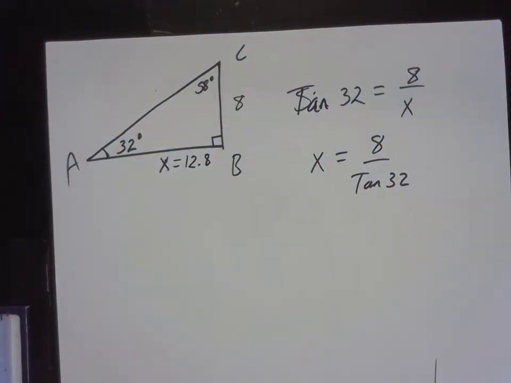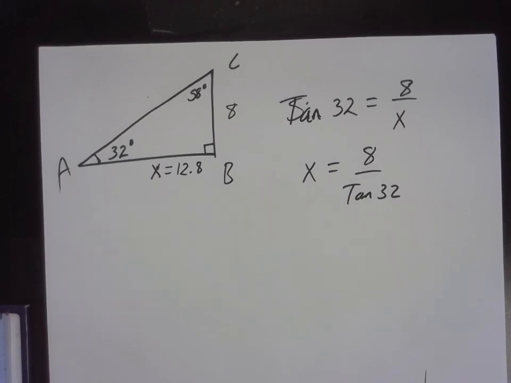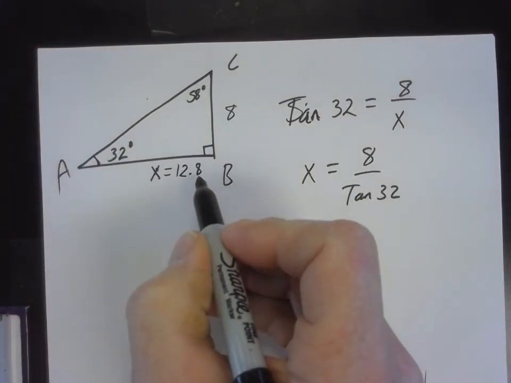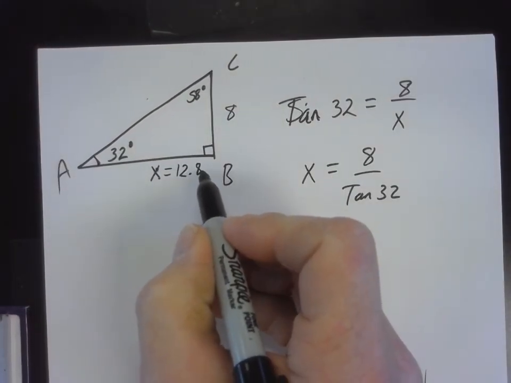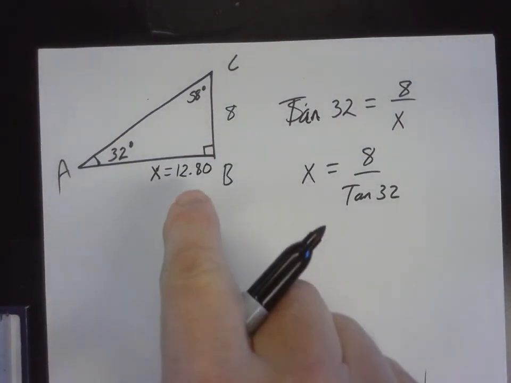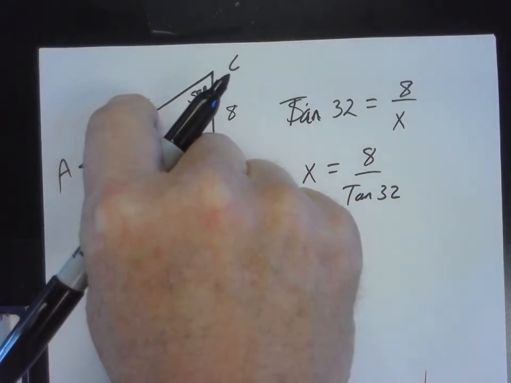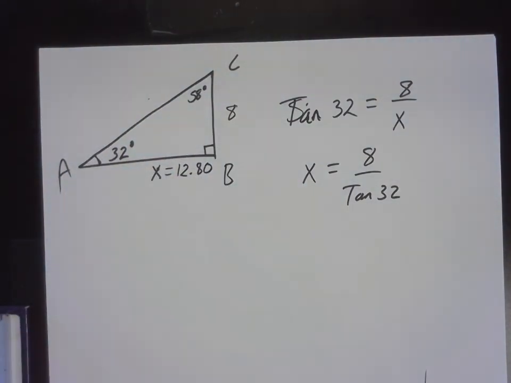Okay, now something to remember, I just rounded this off to 2 decimals because it was 12.802, so it really rounds off like this. Now I'm going to use that to find the hypotenuse. Okay, let's say I use the Pythagorean theorem.